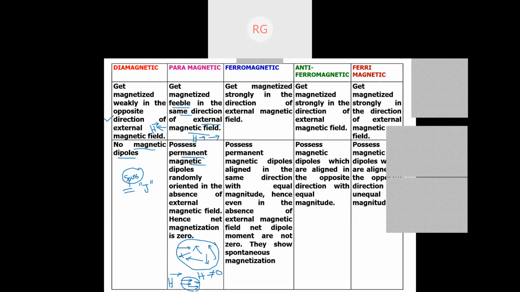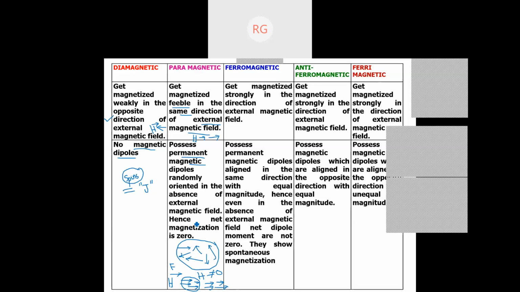But there are no such dipoles in diamagnetic materials. So when H is not there, they are randomly distributed. When H is there, they are oriented by the force F, because we have seen that an external field H gives a force F on the dipoles, and the dipoles orient themselves in the direction of the applied field.